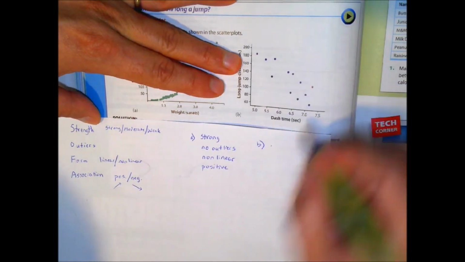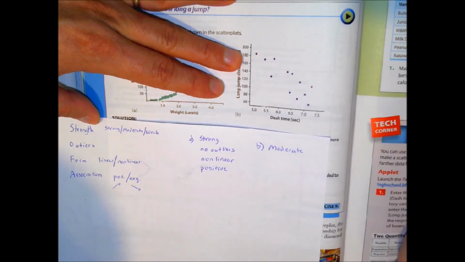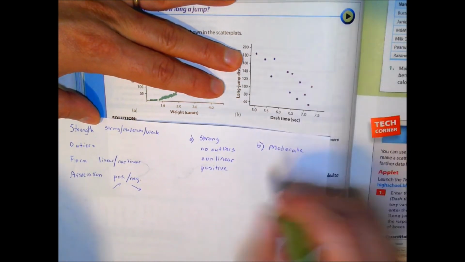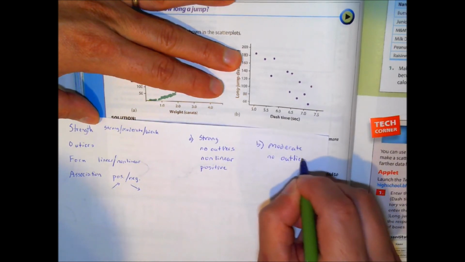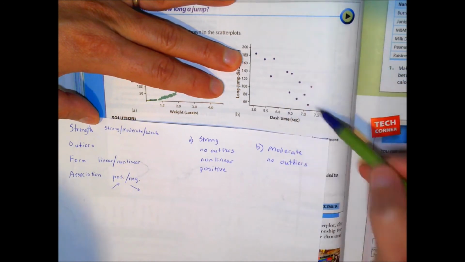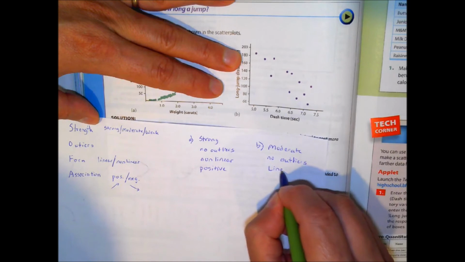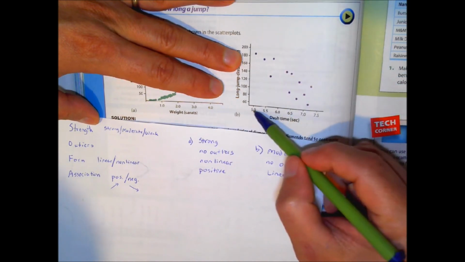Form, I'd say that's fairly linear. And association is in a negative slope. As this increases, these numbers are decreasing. So we have a negative association. Okay, so this is a moderately negative linear relationship with no outliers.